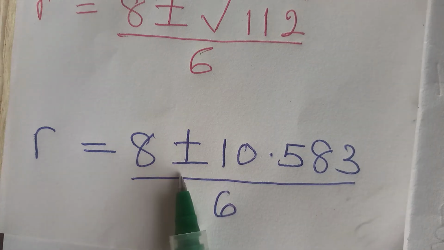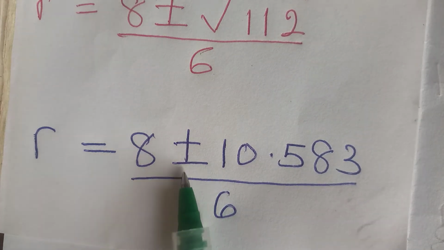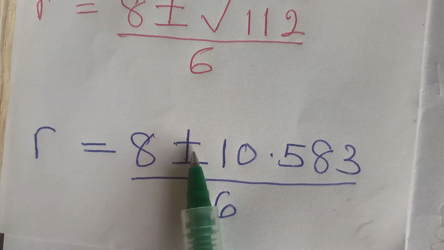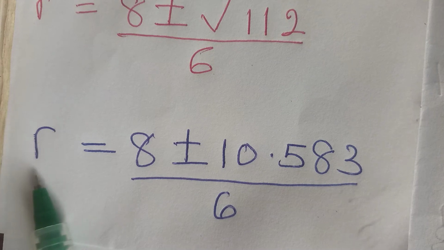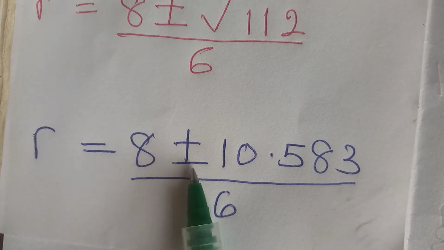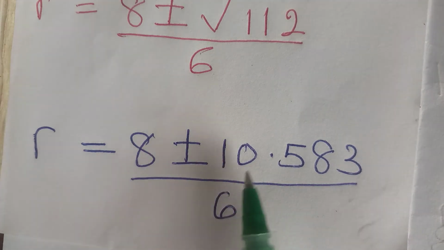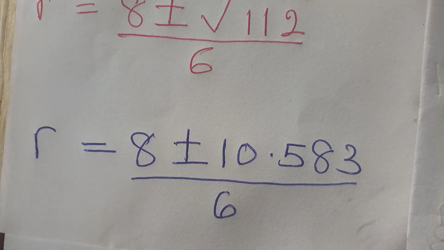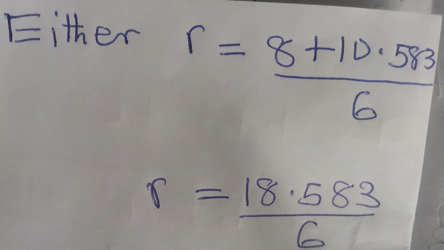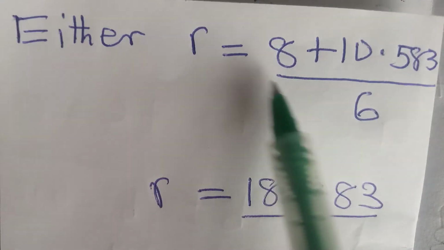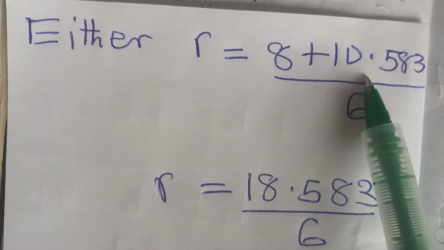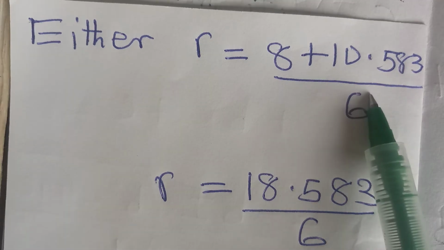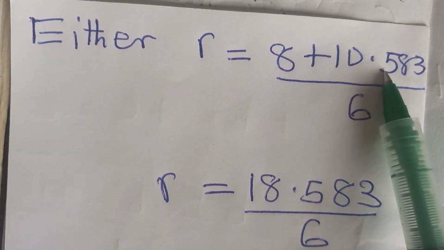So at this stage, you split up because of this plus or minus sign. You can take the positive sign first, evaluate that and get a value for r, then come back and take the negative sign, evaluate that and get the second value for r. What do I mean? Just watch. Either r equals 8 plus 10.583 over 6, because the square root of 112 is 10.583.